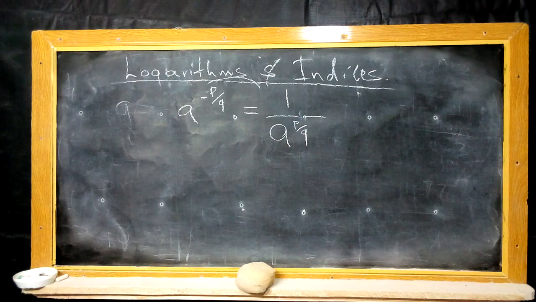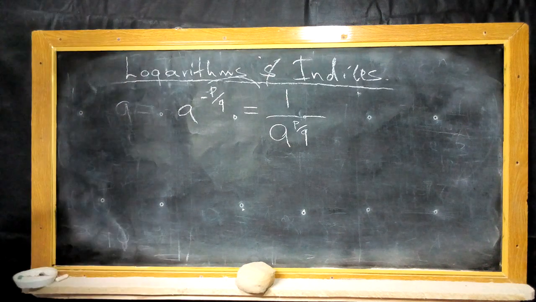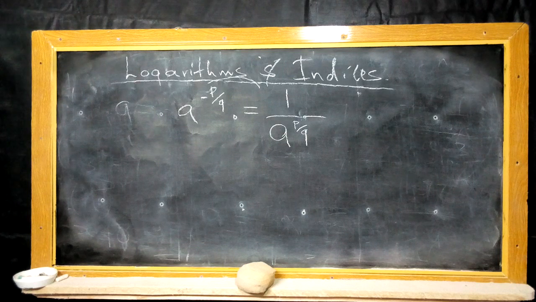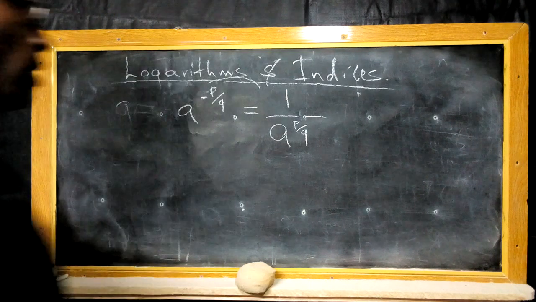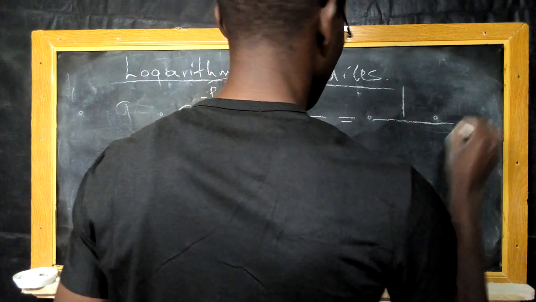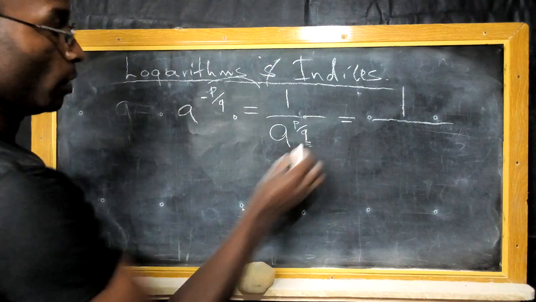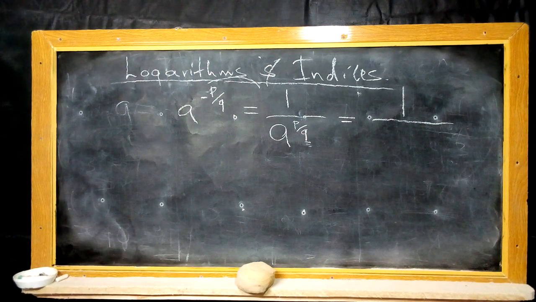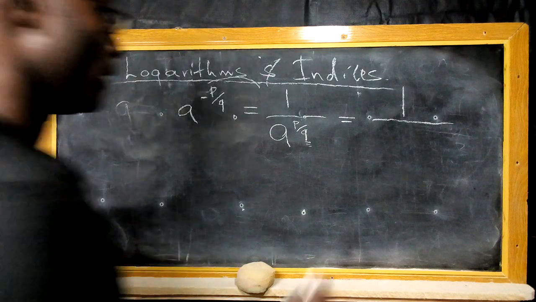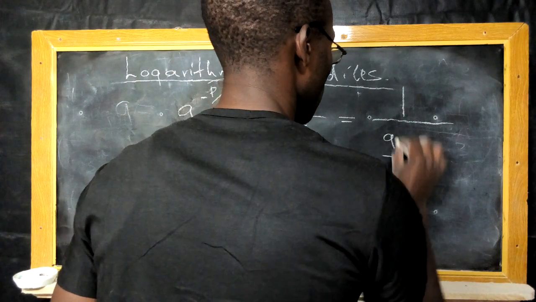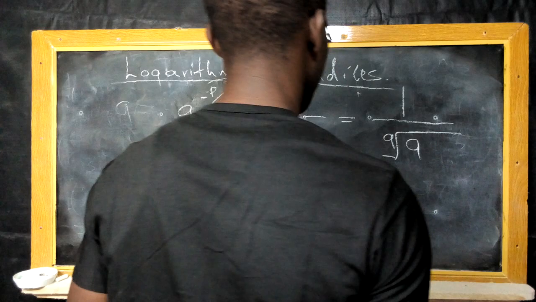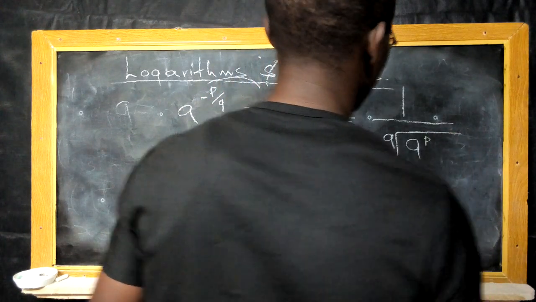Again, when we were talking about fractional powers, we said that this can be written as 1 over the q-th root of a raised to the power of p.